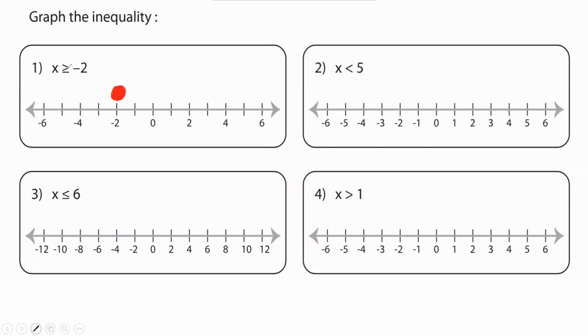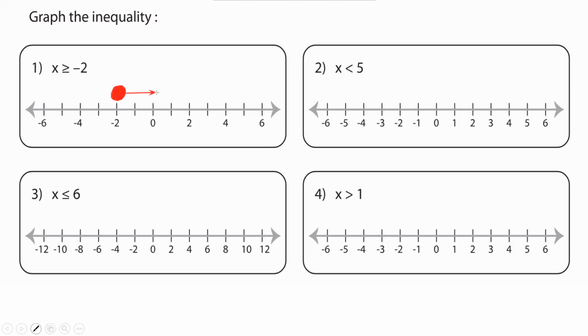And then it says x is greater than -2. If x is greater than -2, what does that mean? Are we gonna go to the right or to the left? To the right.